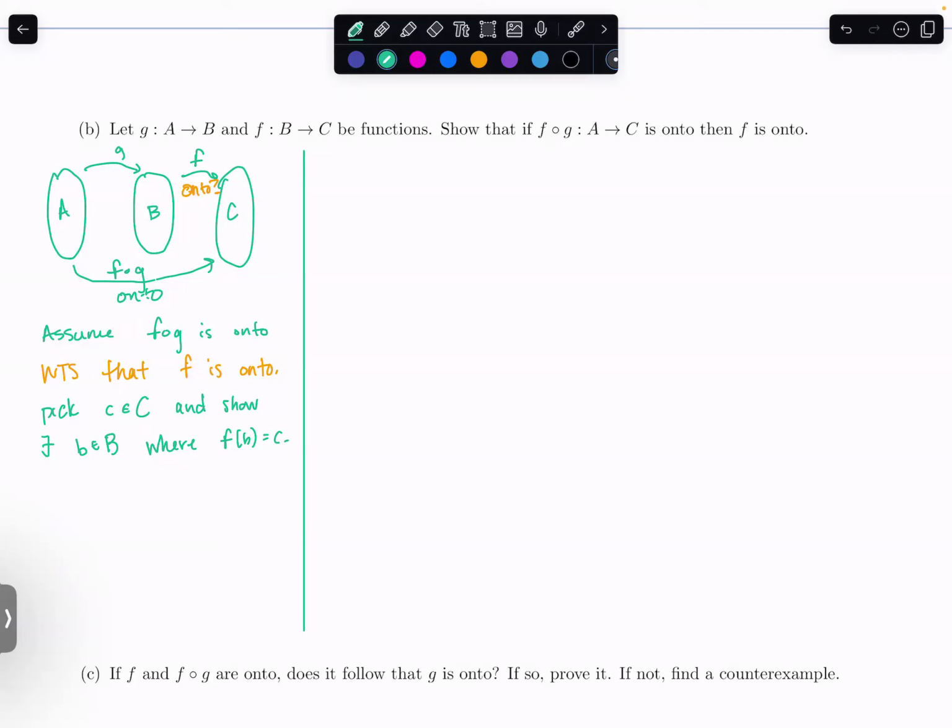Since f of g is onto, there is a little a in A such that f of g of a equals c.